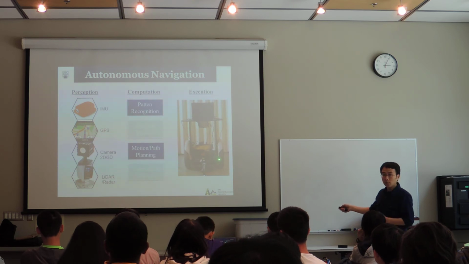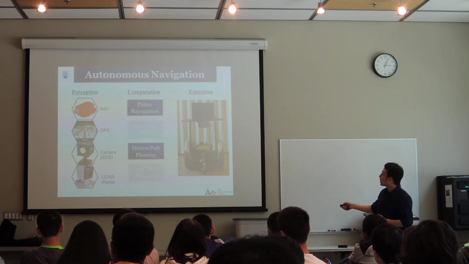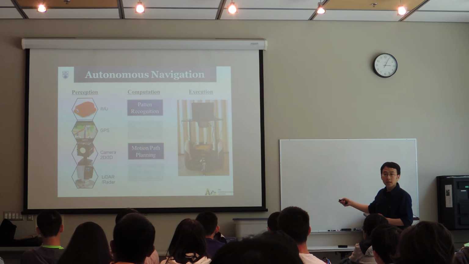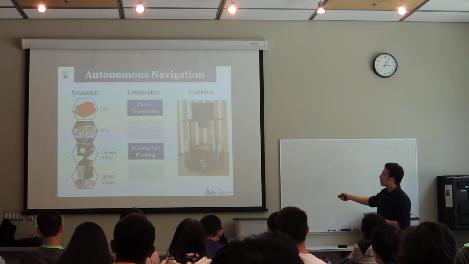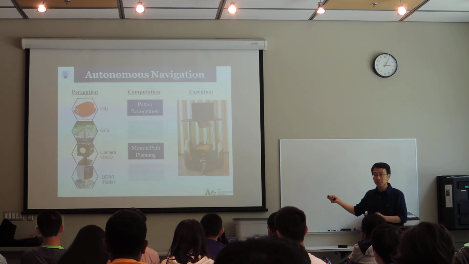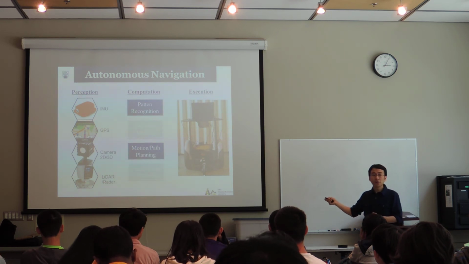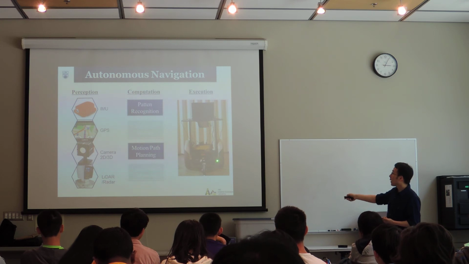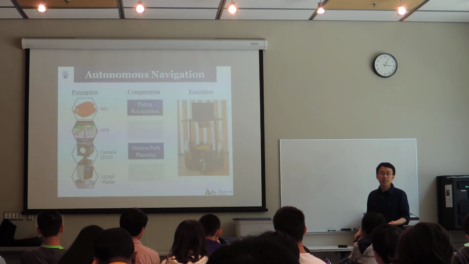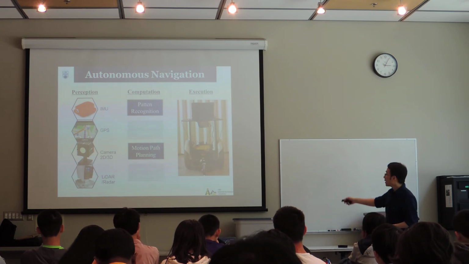This is a mobile robot, though it doesn't look like that, right? This is the robot that I use in my lab. I use it as my research platform because we don't have a real car here. So we just use this mobile robot as a platform to test my algorithms.